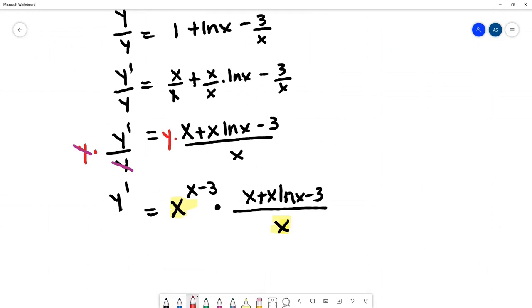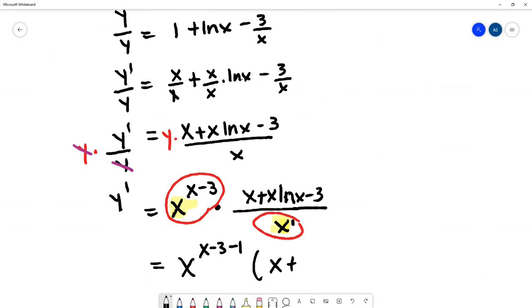Okay, so going back to where we are, these two have the same base and I want to combine them. They're being divided, so I'm going to use the quotient rule. And in the quotient rule, we simplify by subtracting the exponents. So this one has an exponent of 1, x minus 3, x minus 3 minus 1 is what we use to combine those.